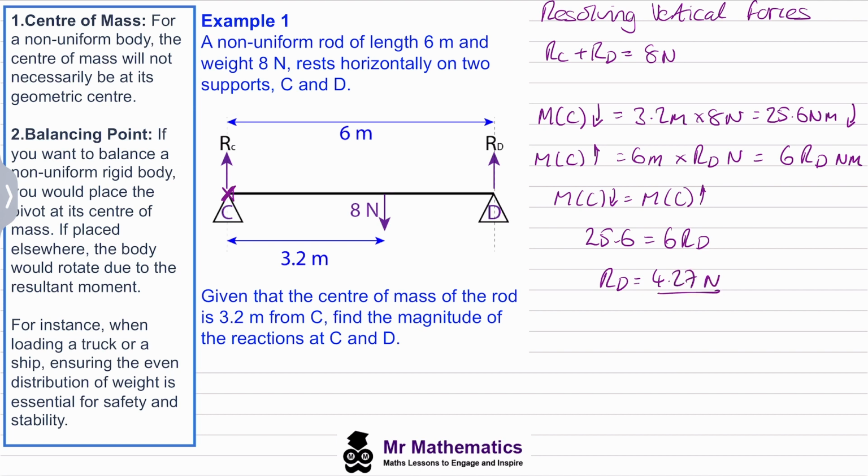Now we can substitute this 4.27 back into our vertical forces. So RC plus 4.27 will equal 8, so RC will equal 3.73 newtons. Okay? And in example 2, we're going to look at when a distance is unknown.